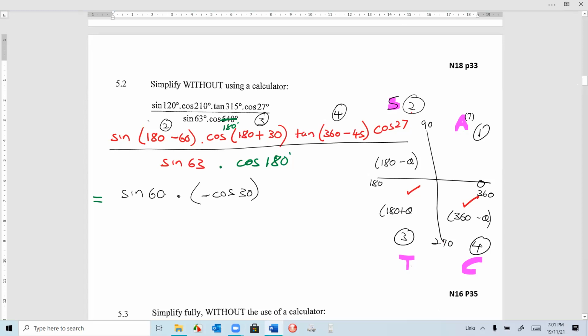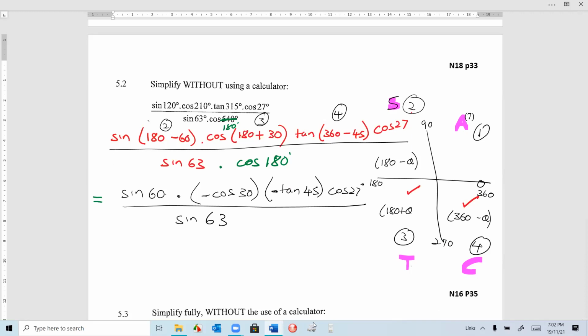That's your fourth quadrant, and tan is negative in the fourth quadrant. So that becomes minus tan of the acute angle 45. Then we have cos 27 to bring down. At the bottom, we have sine 63, which we bring down for now, and then we have cos 180.